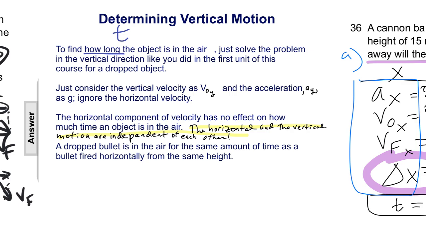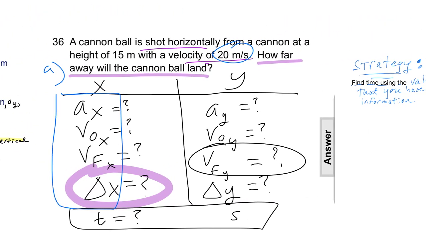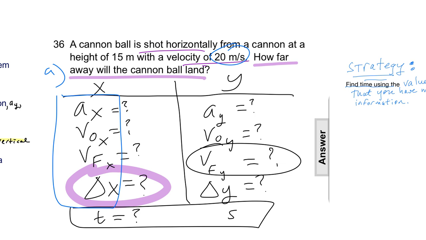Okay, so let's do an actual problem. A cannonball is shot horizontally from a cannon at a height of 15 meters. Okay, I'm going to call that dy, or delta xy, really, which is confusing, so I'll just call it dy.